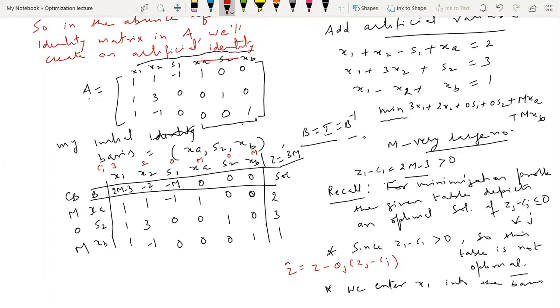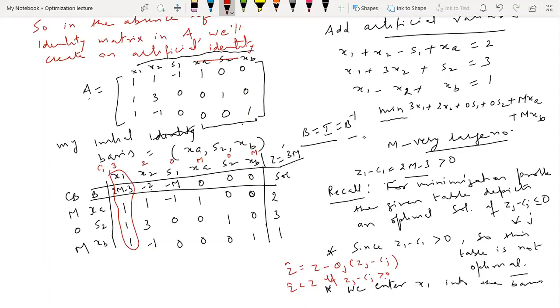I want my new value to be less than z. z hat will be less than z when I subtract a positive quantity from z. Because theta j is always non-negative, zj minus cj has to be positive. So z hat will be less than z if and only if zj minus cj, for whatever j, is greater than 0. In this case Z1 minus C1 is positive, so we enter the variable x1 into the basis. So x1 will enter the basis.